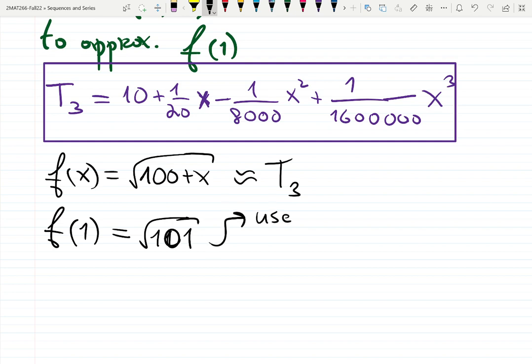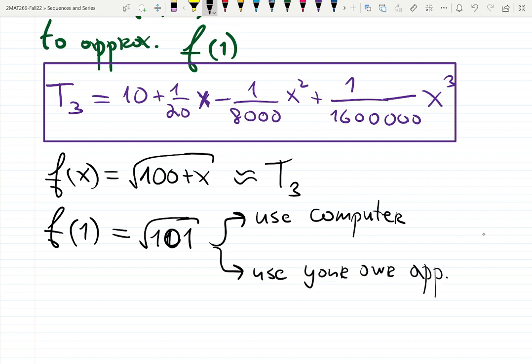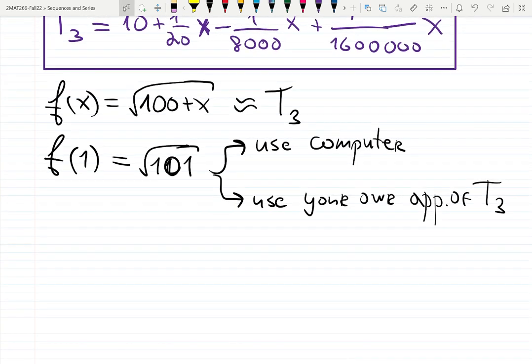Use some cool technology, say a computer, right? Computer is a synonym of cool technology. Or use your own approximation of T sub 3, your own, because you calculated it. We just did it in front of you, together. So the computer will give you a better answer.